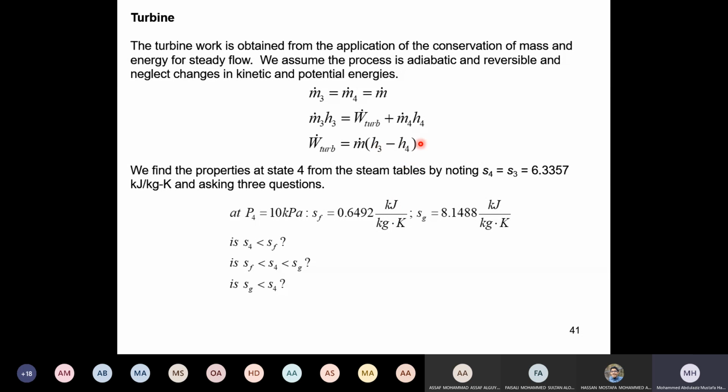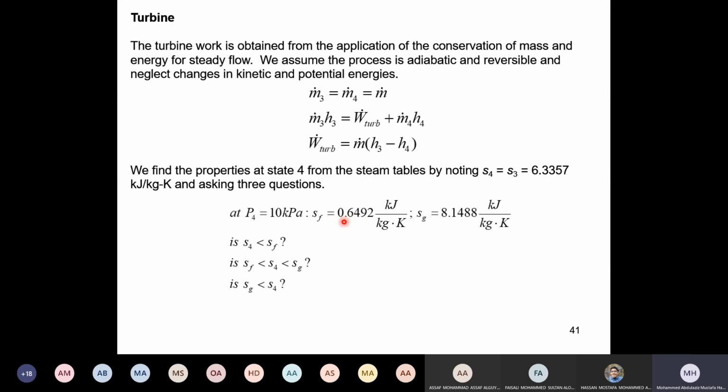So now how to get S4? This is the idea here: we say that S3 is equal to S4, so this is the equation here, we get S4, then I have a state here. The pressure is given, 10 kilopascal, and S is equal to this value. So now I have to check, is it in the saturation region?